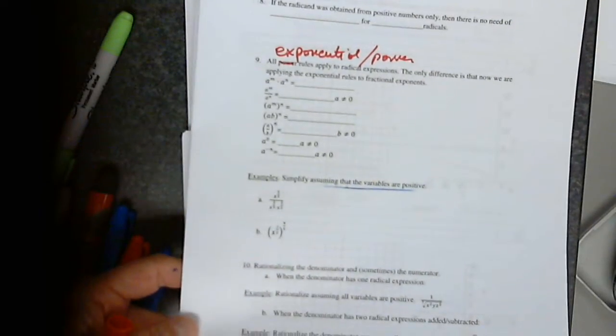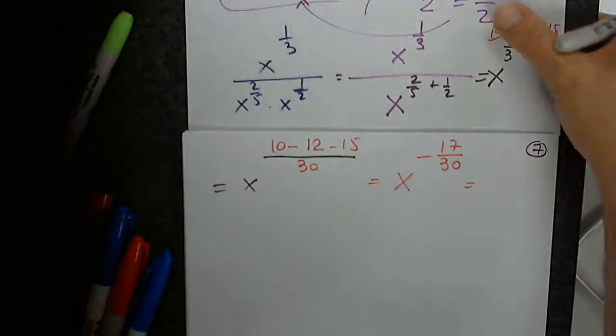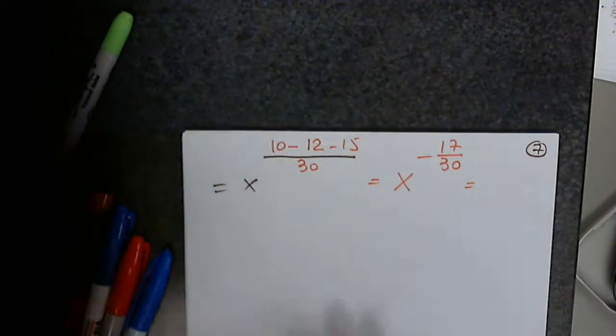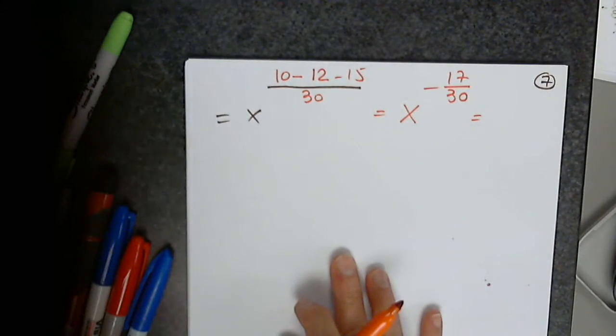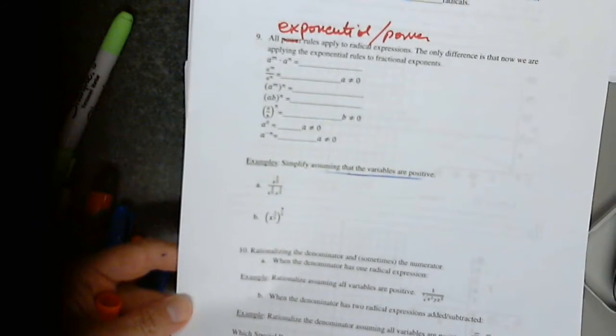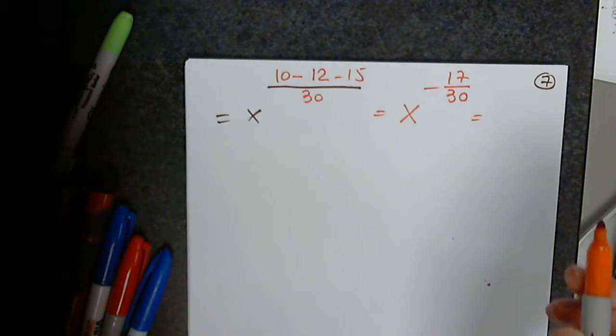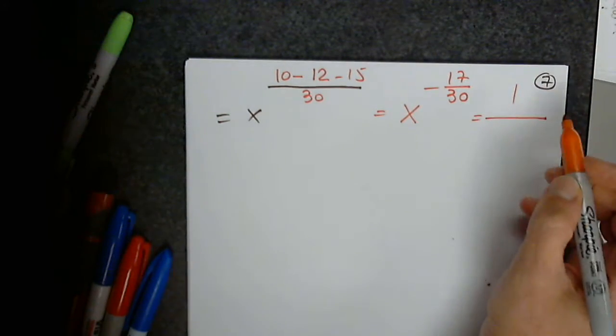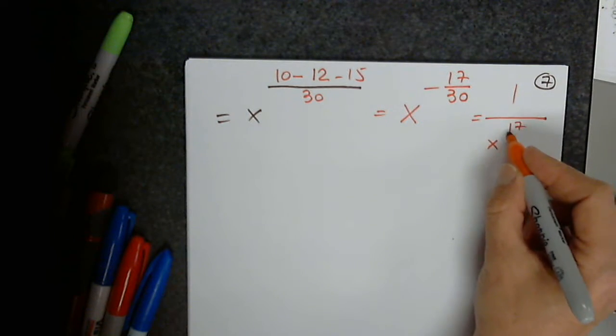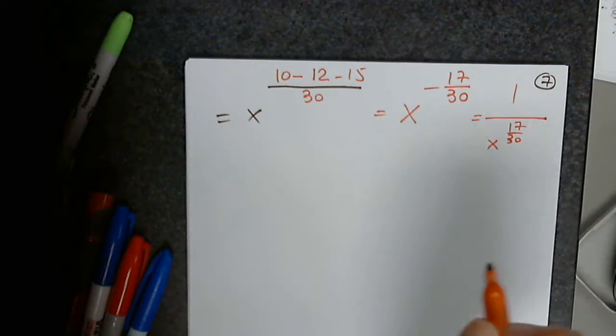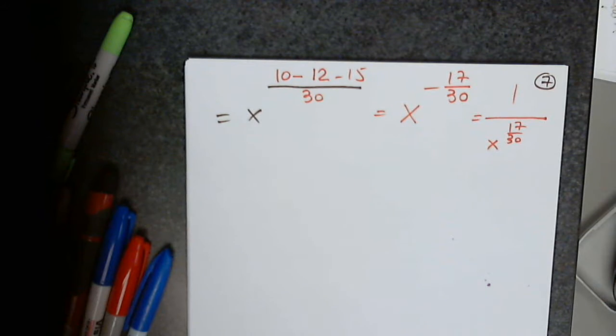So now I have one of the properties that needs to be applied. Which property will I apply now at the very end of this simplification? Which of all these? The last one, right? 1 divided by x to 17 over 30. Good. But now I'm going to ask also, what is that?